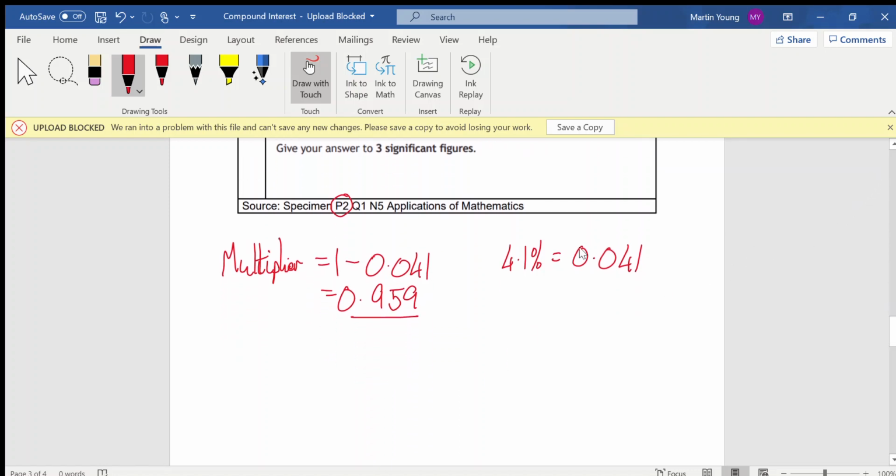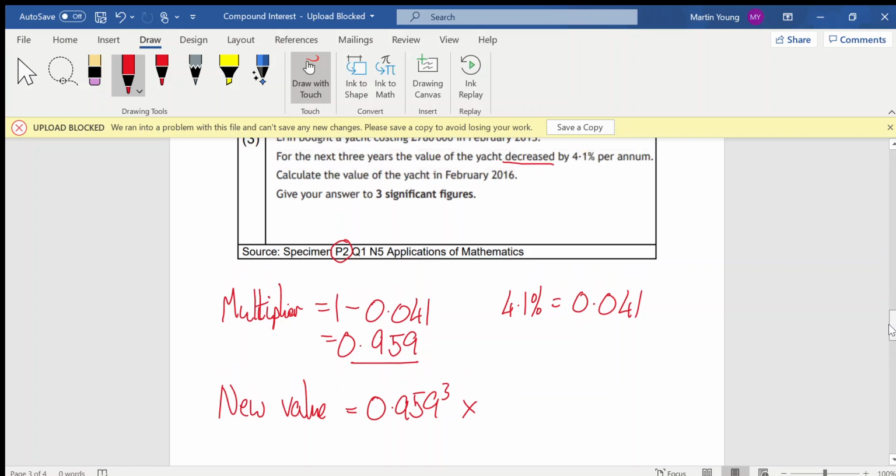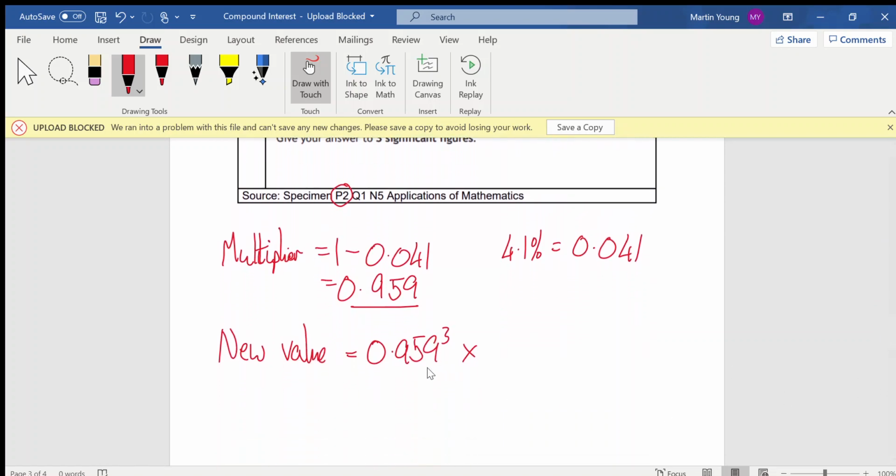How do I find a new value? Well, I take that multiplier, raise it to the power of the number of years, and it was 3 years, and times it by the original value, which was 780,000. Grab the calculator.